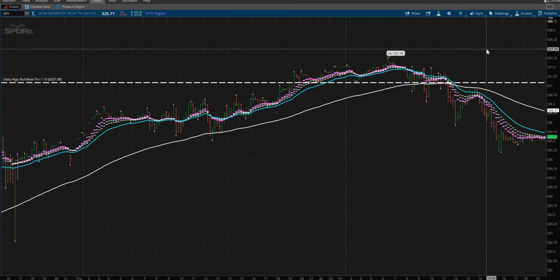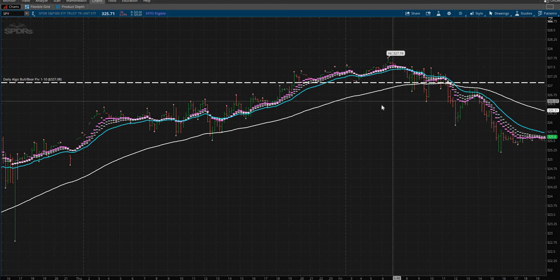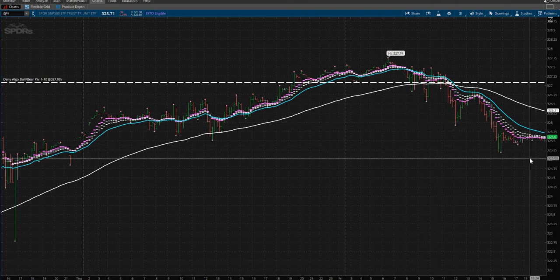Now the problem if you don't have that type of algorithm is, how do you know where to take profits here? Or if you're short, are you going to take profits here? I don't know. There's nothing on the screen to tell us whether this is going to turn back up or continue going back down.